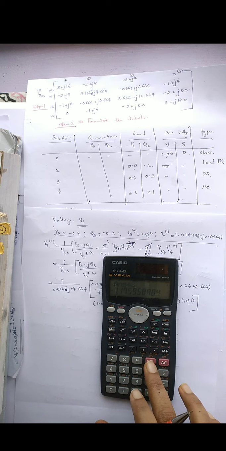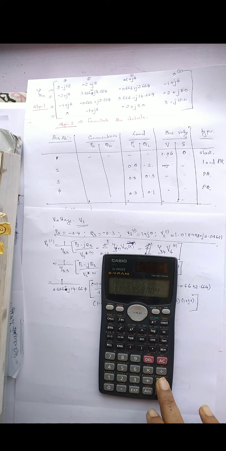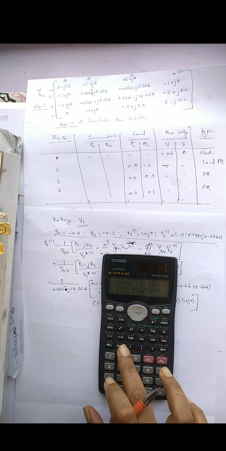Sorry, we have to add the bracket here, divided by 3.666 minus 14.664j.